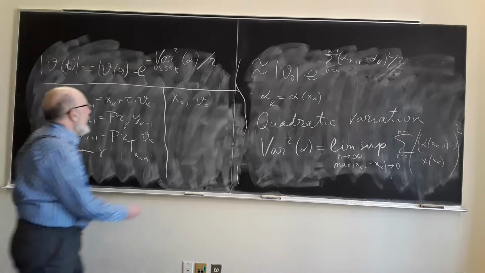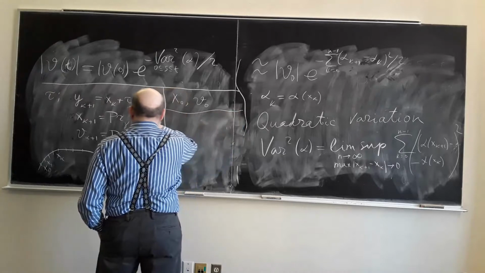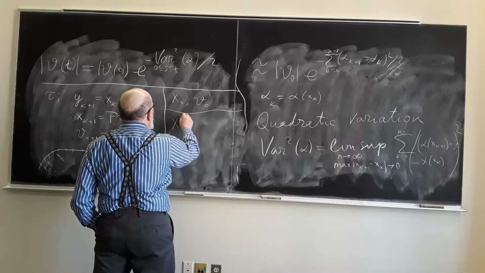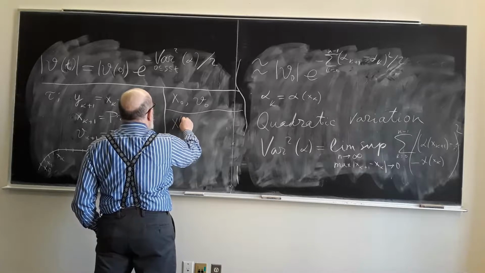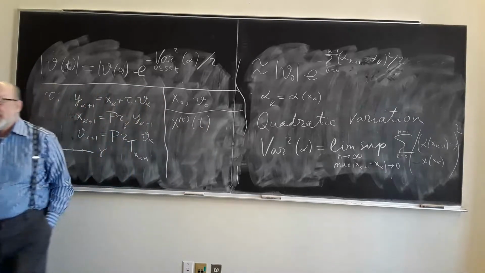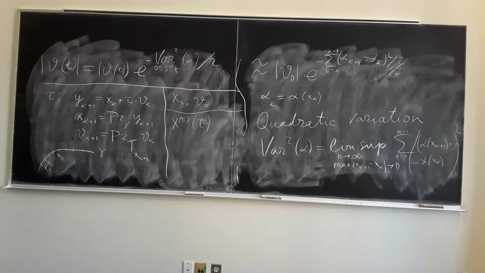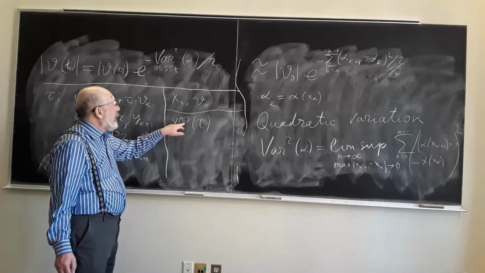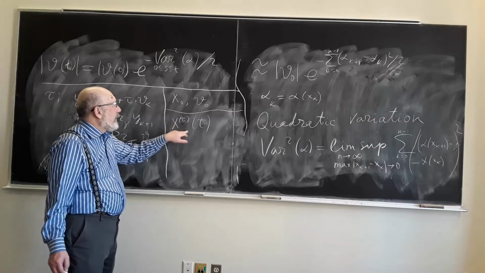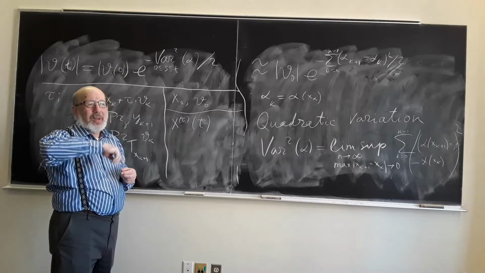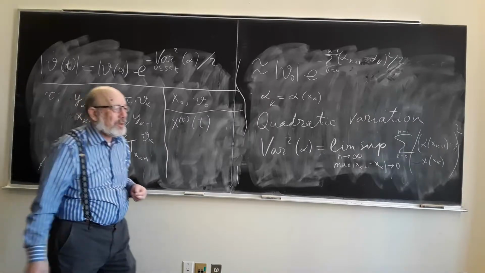And so we have a solution x_tau of t, where tau is a parameter. For any positive tau, we have some approximate solution.